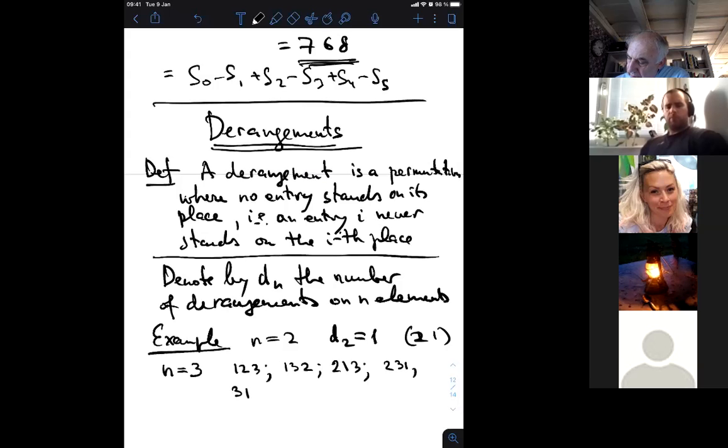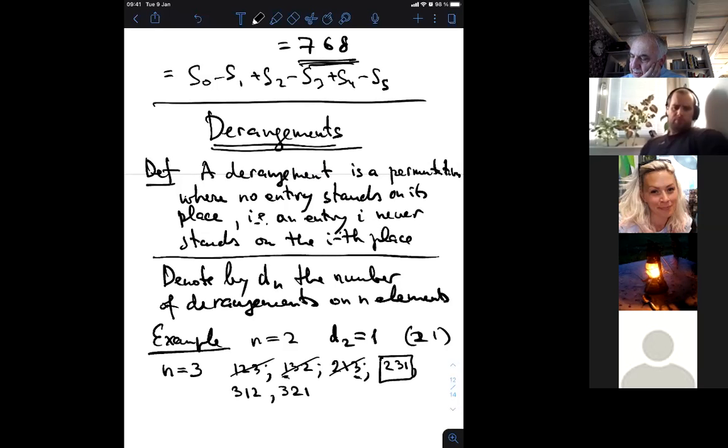Then we have 3, 1, 2, and finally 3, 2, 1. Okay, so which of these permutations are derangements? So this is not good. No, this is not good. This is not good. So here everybody is in its place. Here 1 is in its position. Here 3 is in its position. So this guy is good.